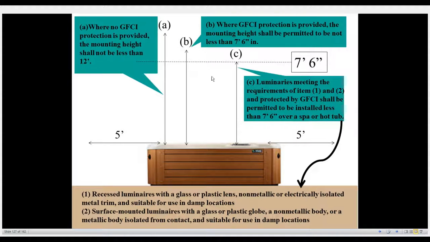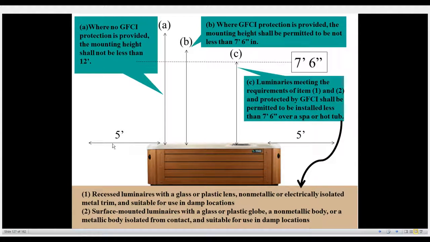So I can't have any fans down there. That's going to stop at 7'6". But I also have to have GFCI protection here. So we've got the 12-foot clearance, 7'6", and then we've got below 7'6" for some luminaires. All of which have GFCI here, GFCI here. This one has no GFCI, but again, it has to be 12 feet above and out 5 feet. So here's the area.